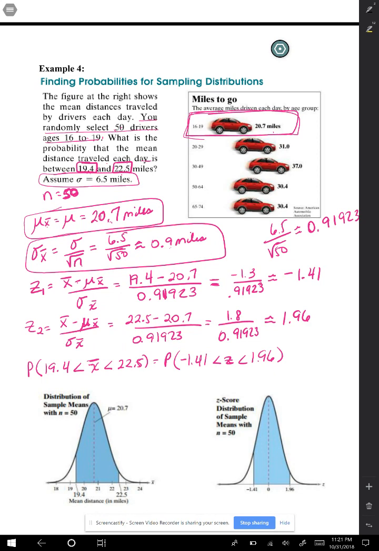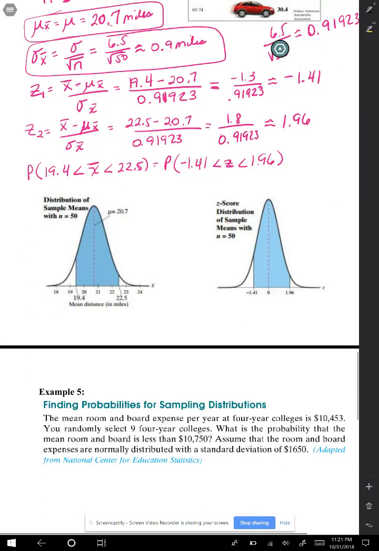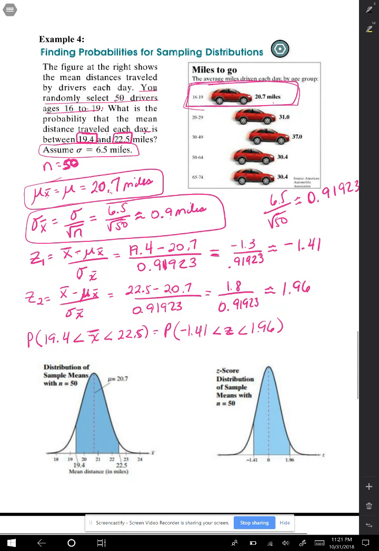And then these are the ones where we use our tables to find our answers. I didn't include the tables here, but remember these go back to those tables that I included in the previous examples, and I told you where you could go in and print those off, so you would just have them there to use every time.